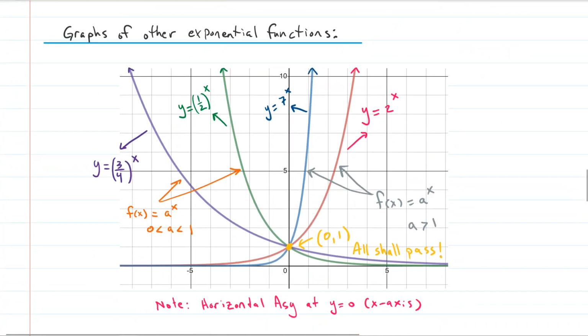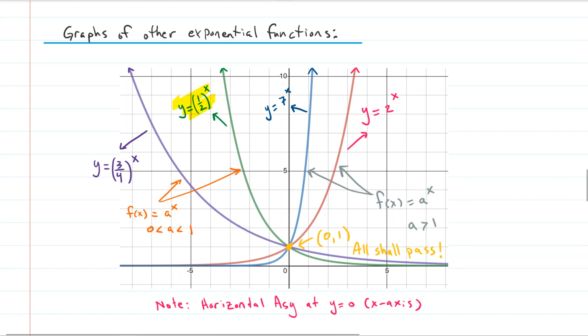Let's look at the graphs of some other exponential functions. For example, y equals (3/4)^x, which you see right here in purple. Notice that it goes up to the left and down to the right. Interesting, huh? How about y equals (1/2)^x? It also goes up to the left and down to the right, but it goes up faster than 3/4 does as a base.